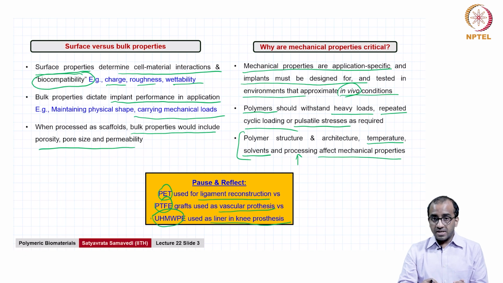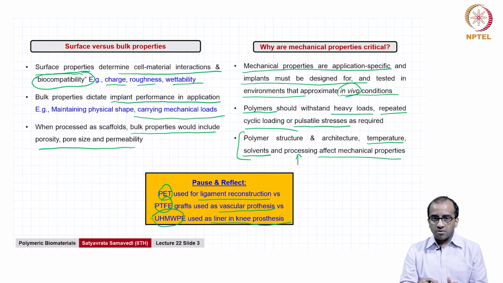So, why is PET one of the choices for ligament reconstruction? Why is PTFE one of the choices for vascular prosthesis? And why is ultra high molecular weight polyethylene, or cross-linked version of that, the primary choice for knee prosthesis? So, these are questions that you can ask. Now, you can answer these questions from multiple levels, but because we are looking at mechanical properties here, the perspective that I want you to think about is from a mechanical property bulk perspective.